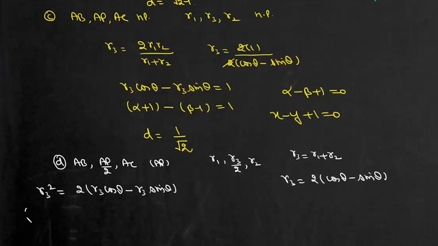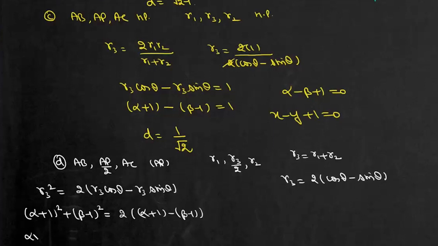Now R3 square is alpha plus 1 square plus beta minus 1 square, and this is 2 times alpha plus 1 minus beta minus 1.